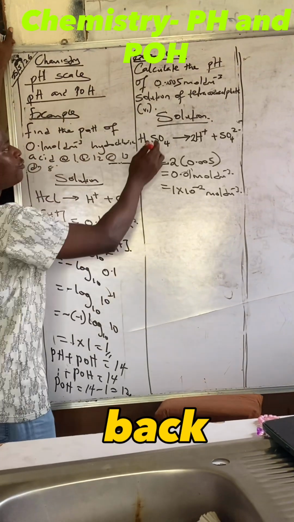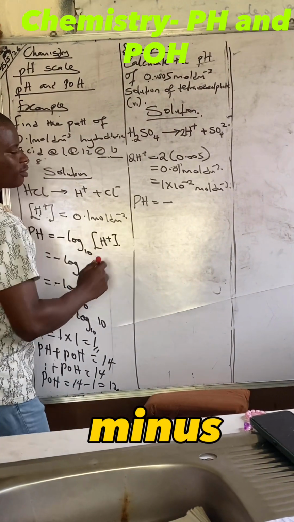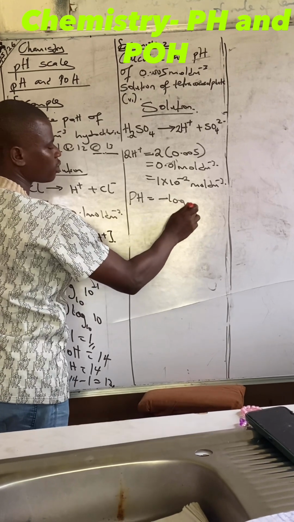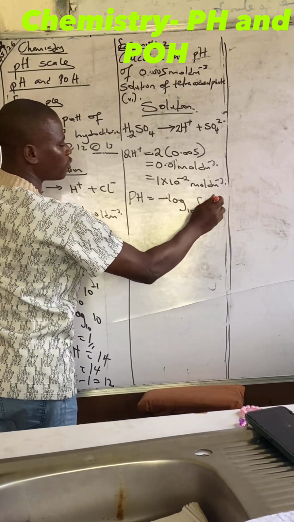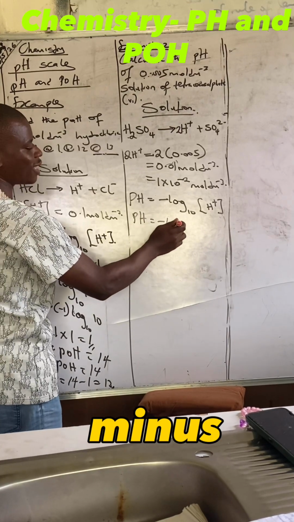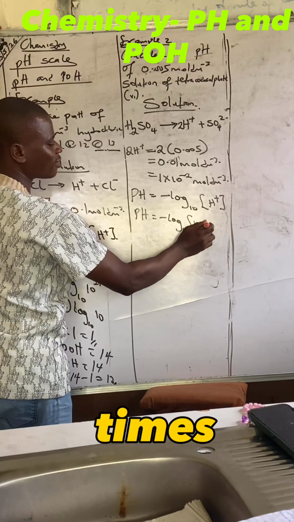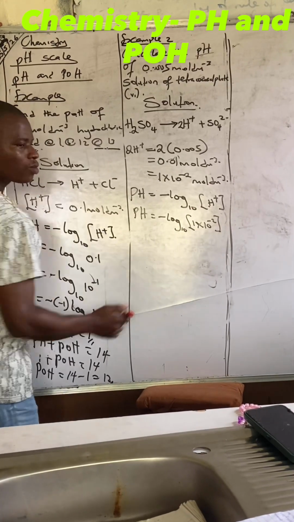So let's go back to the formula for pH. pH is equal to minus log10 open bracket H+. That is our formula. H+ is 1 times 10 raised to power minus 2.